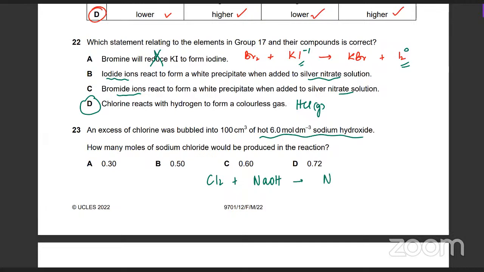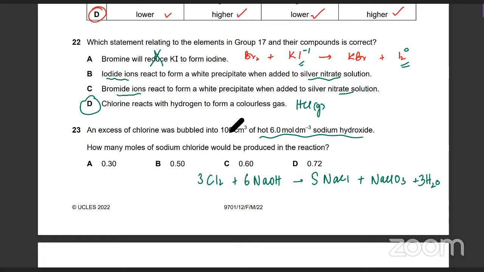So it's going to produce NaCl, NaClO3, and H2O, and you need to know how it's going to be balanced as well. 6 NaOH, 3 Cl2, and there's going to be 3 H2Os. Now, first thing, how many moles of NaOH do we have?